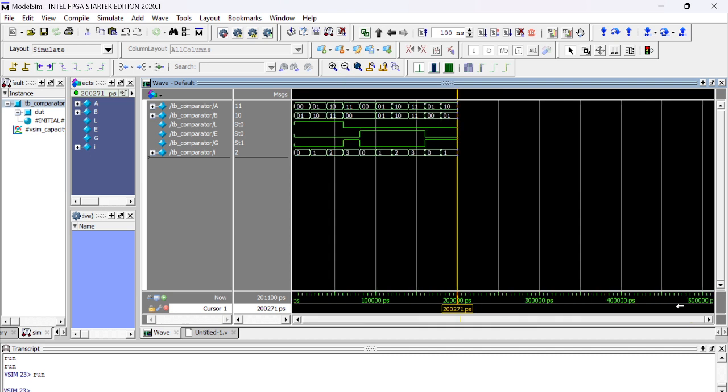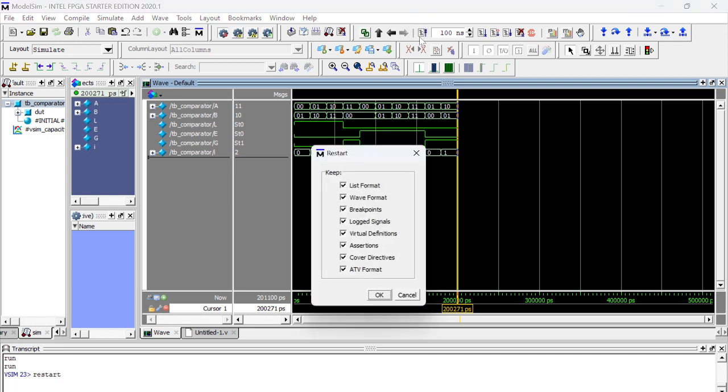The scale is in picosecond. If I resimulate it, I can.